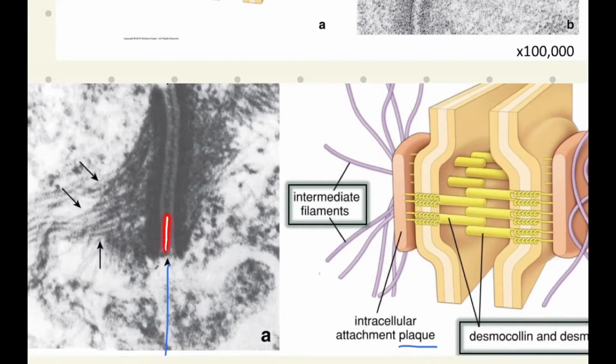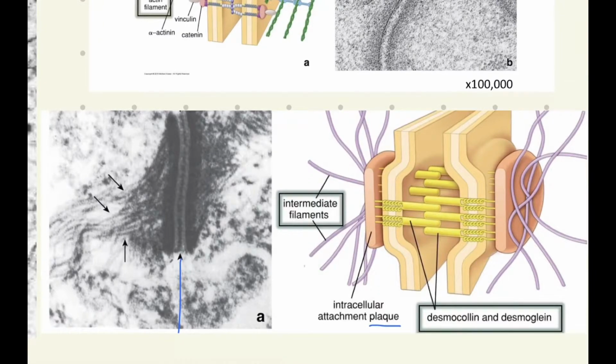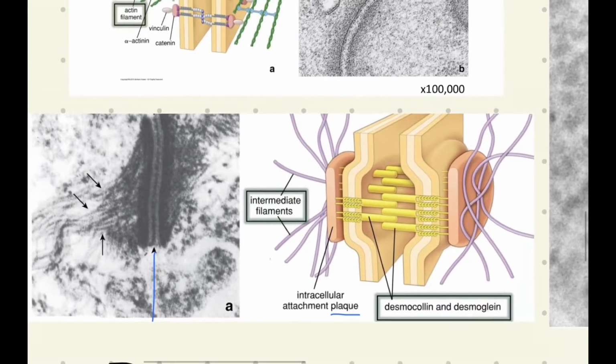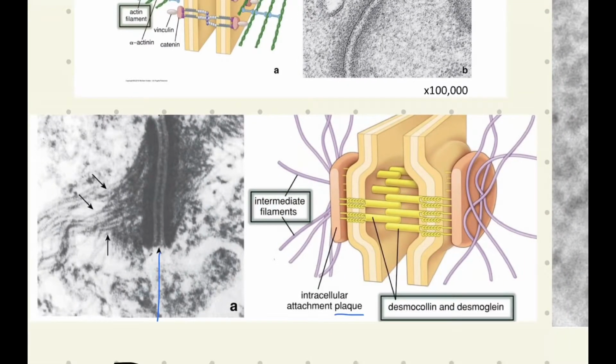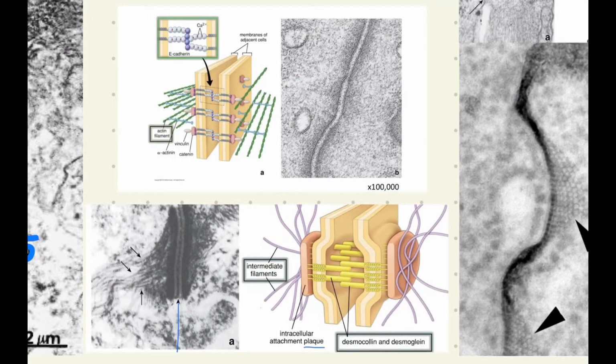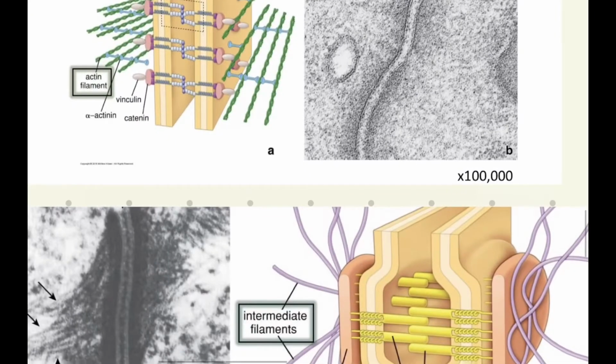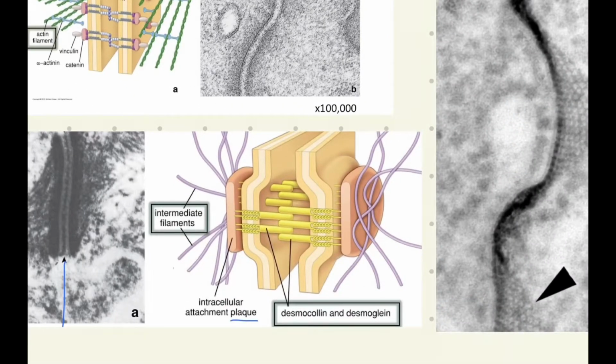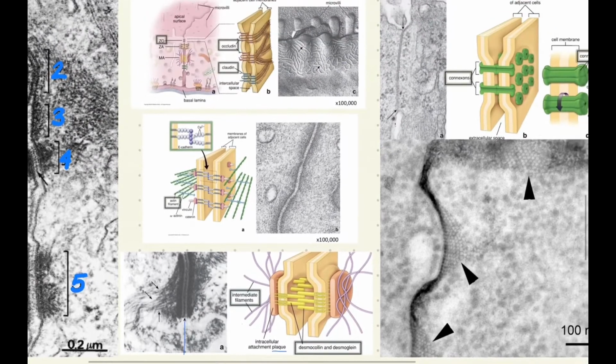Okay, and it's characterized by this presence of this dark line right here, which coincidentally is also called a macula. So that might help you remember it. And what's different between the Macula Adherence and the Zonula Adherence is that presence of that dark line, and also that it attaches to intermediate filaments in the cytoskeleton.